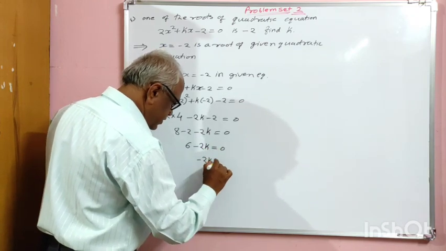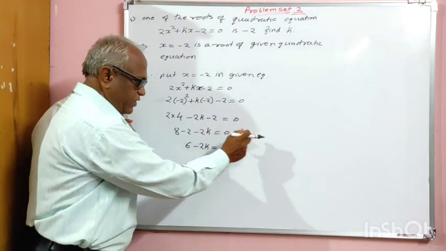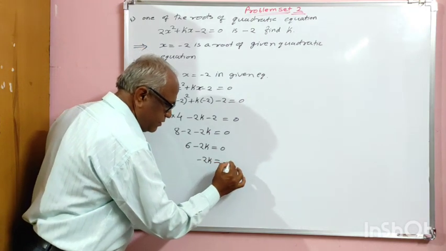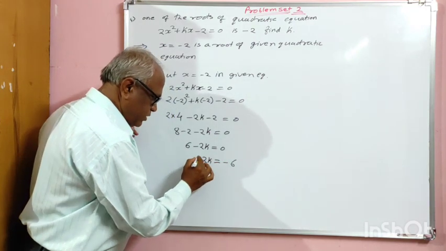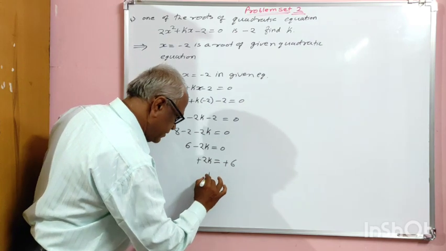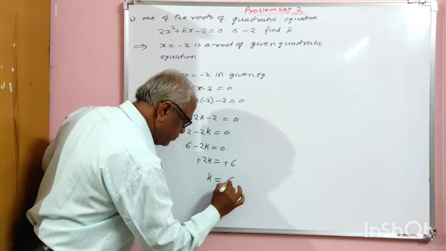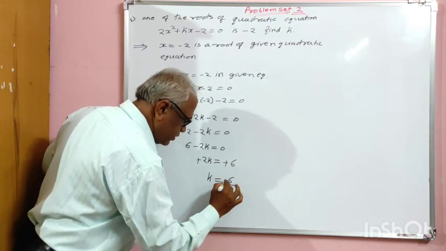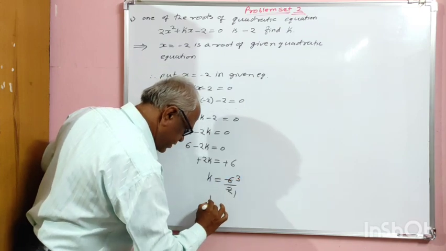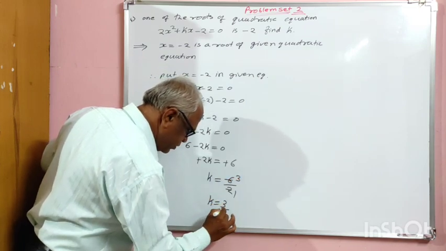Minus 2k is equal to minus 6, shifting 6 to the other side. The minus sign gets cancelled, so k is equal to 6 upon 2, that is 2 threes are 6, k is equal to 3.